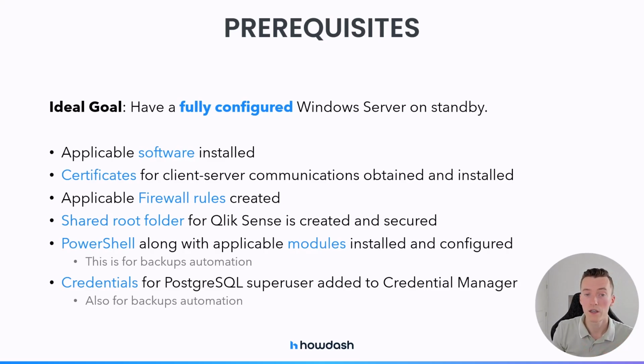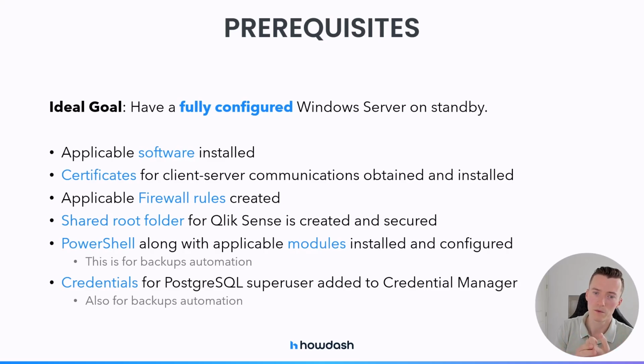Firewall rules, any firewall rules that you may have created for your Qlik Sense server, would already be done on the standby server. Things like the shared root folder for Qlik Sense is created and secured, and things like PowerShell along with applicable modules would be installed and configured.